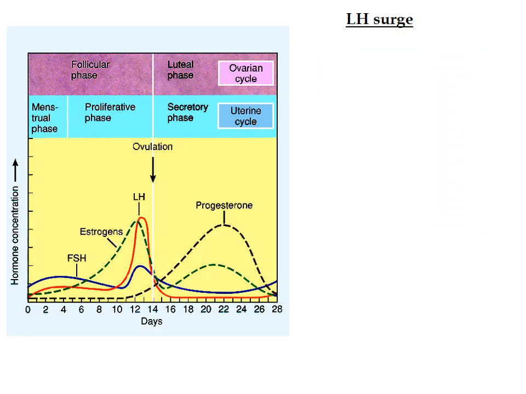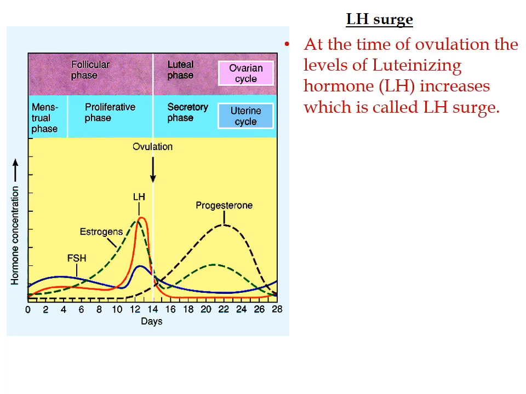Now let us see what the LH surge is. At the time of ovulation, the level of luteinizing hormone increases, which is called the LH surge. In a 28-day cycle, ovulation occurs on the 14th day.